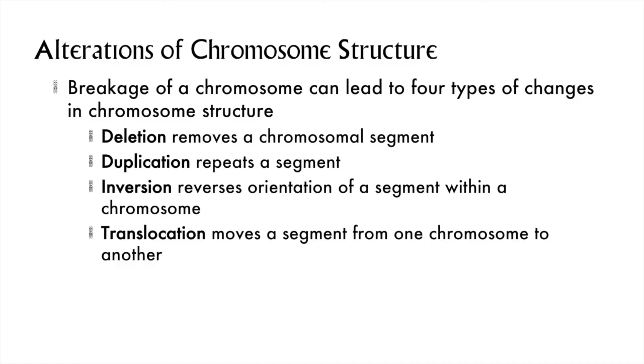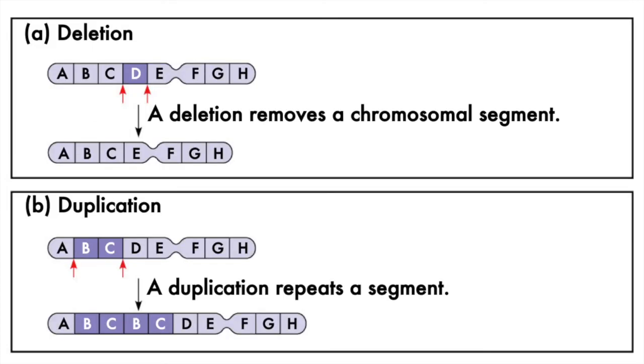So let's look at some illustrations. First, a deletion. For simplicity's sake, the chromosome has been labeled using just a few letters rather than hundreds or thousands of different genes. In a deletion, you can see that the D segment is gone from the lower chromosome. When a segment is duplicated and added in, you have 2 copies of this region BC.